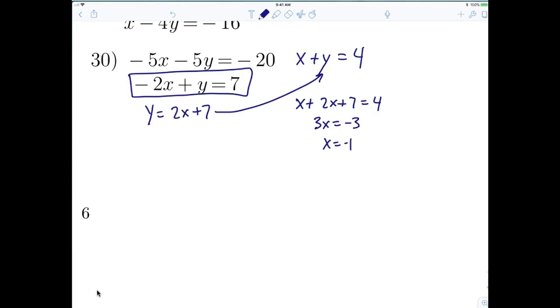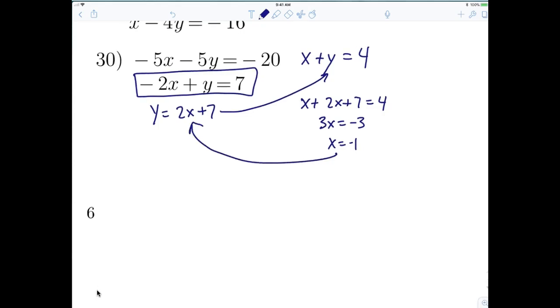And now if we just plug in over here, y would equal what? Somebody help the girls. I think y would equal 5. Do you agree?